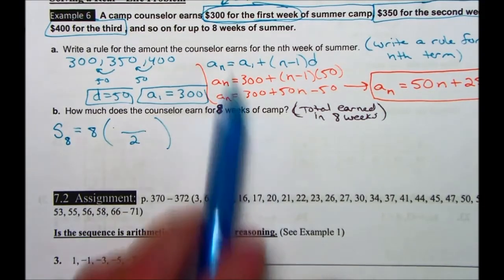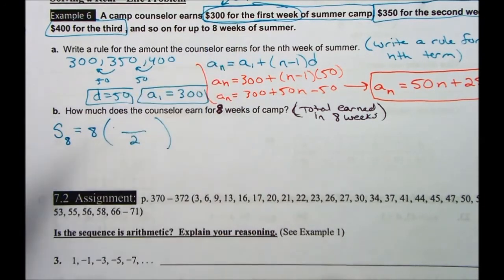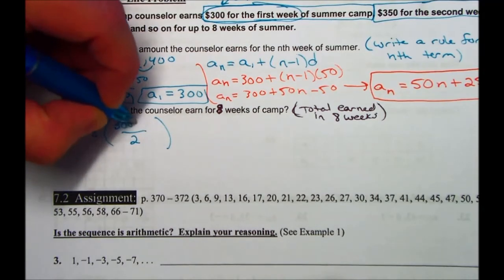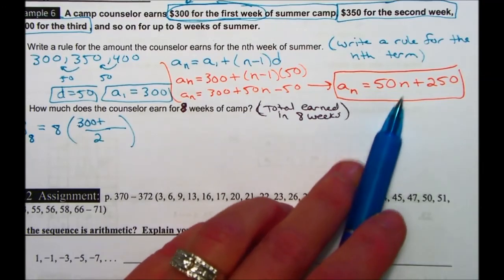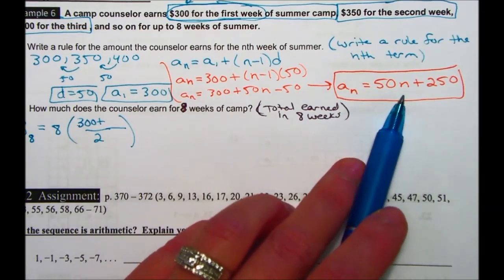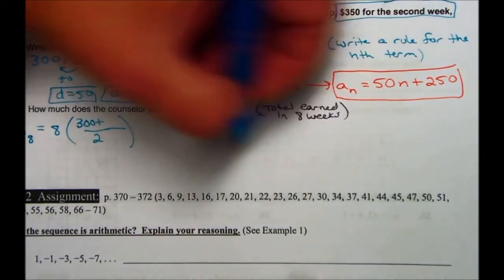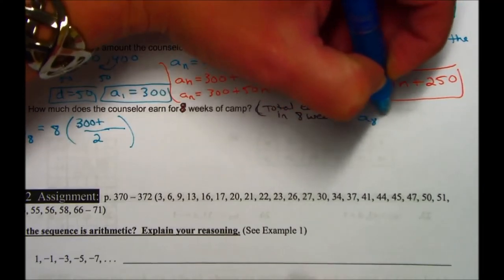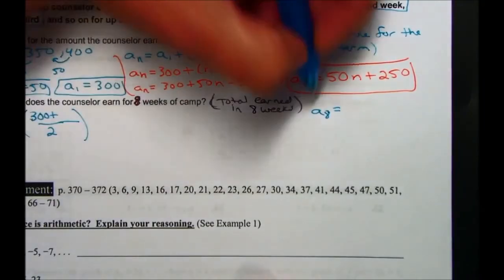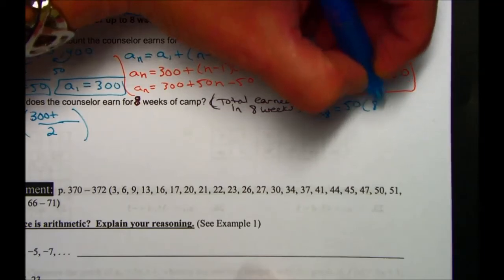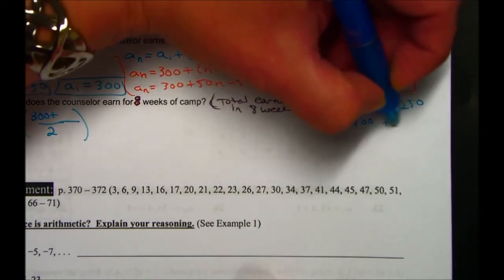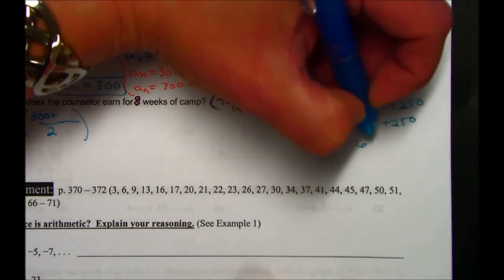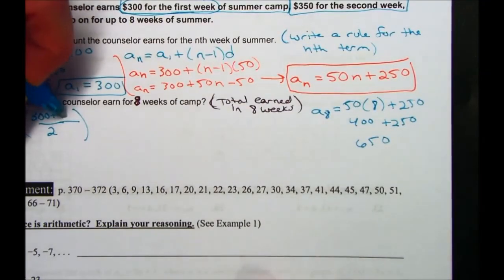So the first term in the sequence was 300. The last term we would have to figure out by substituting 8 for n. So if I find a sub 8, 50 times 8 plus 250 would give me 400 plus 250, which is 650.